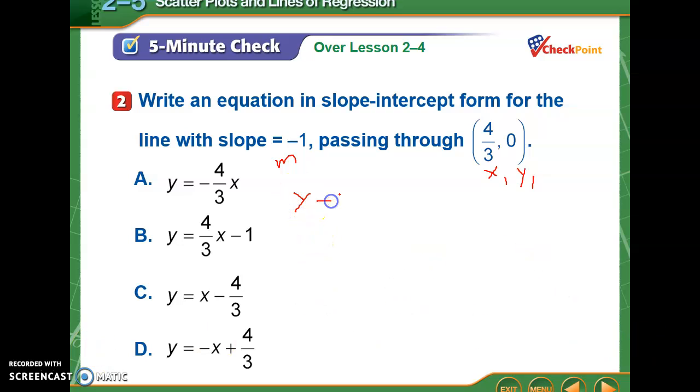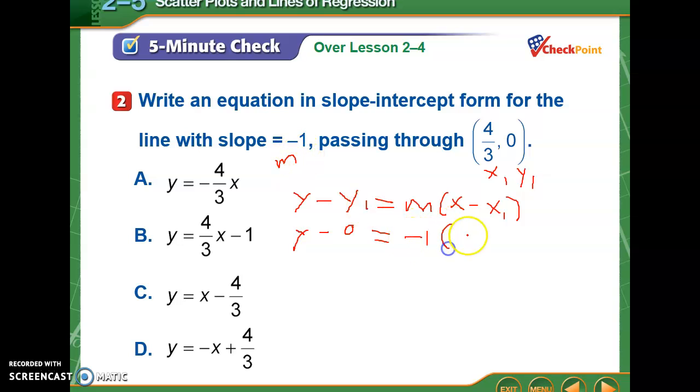Alright, let's see what you have here. y minus y1 equals m, x minus x sub 1. Okay, so what's our first step? Alright, we're going to plug in y minus our y sub 1 is 0 equals our slope, -1, open parentheses, bring down x minus our x sub 1 is 4/3.